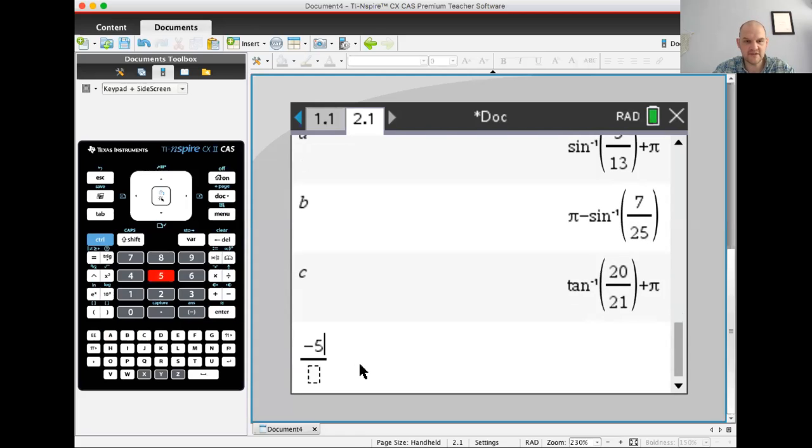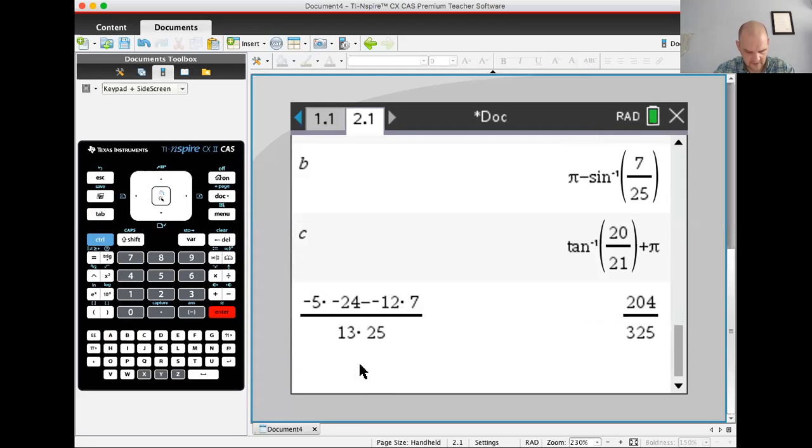So I can just punch these in, and I can check as I go, which I recommend because it's easy to make mistakes on these. 13 times 20. I don't know why I don't just type it. So that'll be 204 over 325. 204 over 325. And then I need to do the cosine.